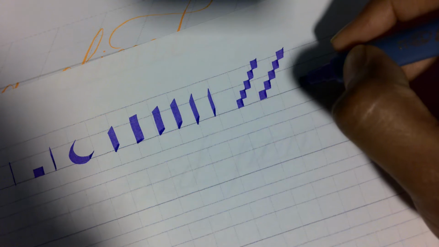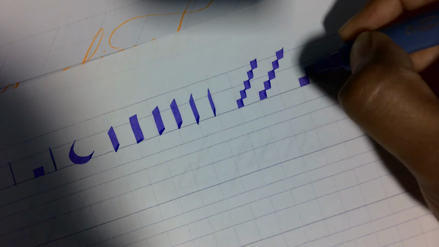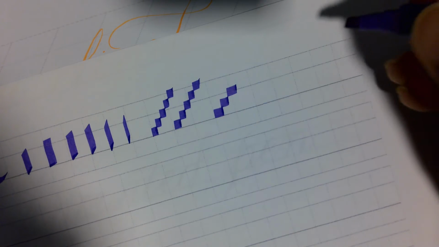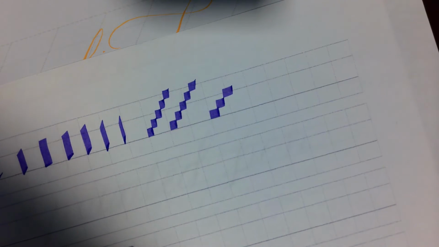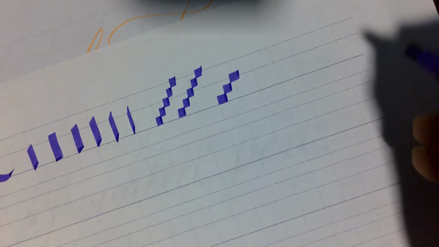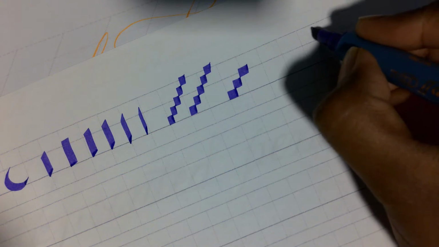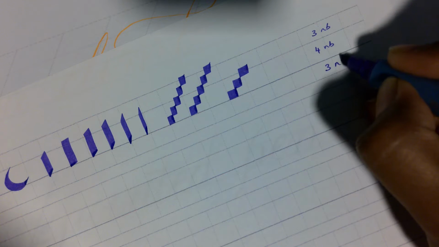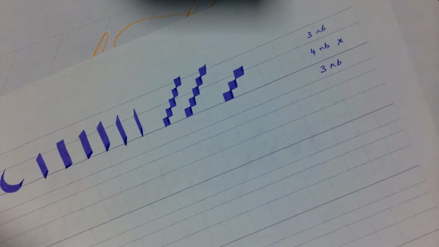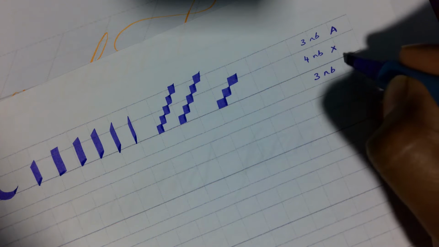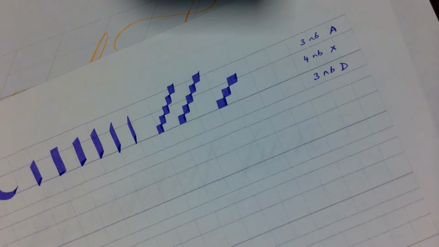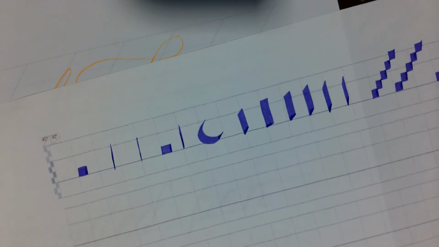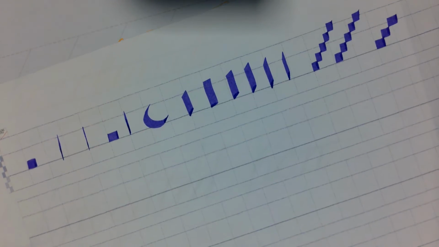Once you decide the nib width, for a broad edge style like foundational hand, the ratio is usually 4 nib widths to 3 nib widths. While 4 nib widths is my X height, 3 nib widths is my ascender, and another 3 nib widths will be my descender space. So the ratio of making these guidelines between pointed pen and broad edge are different.